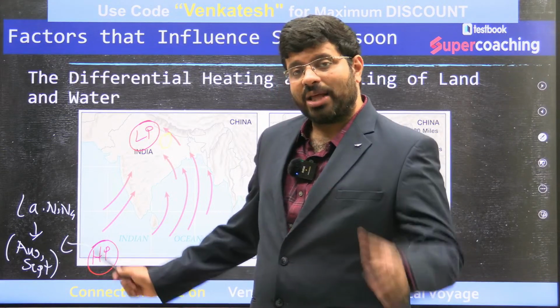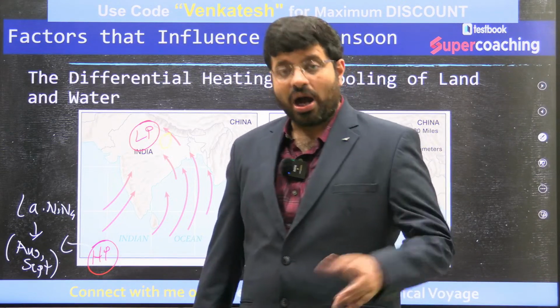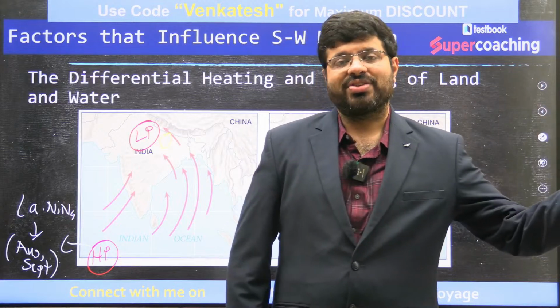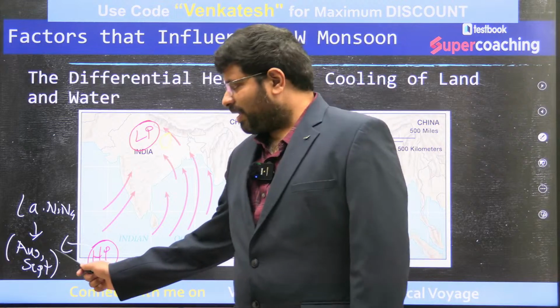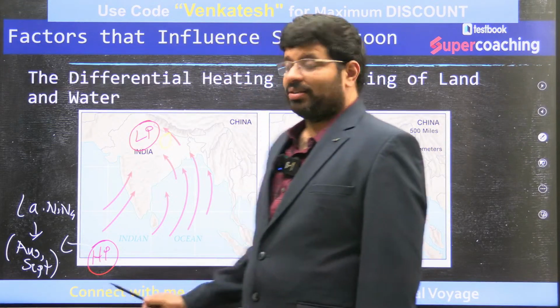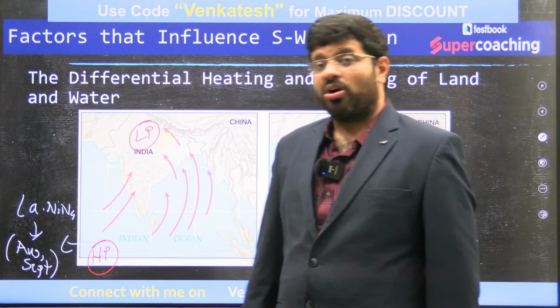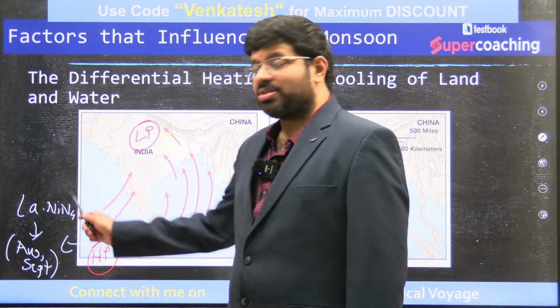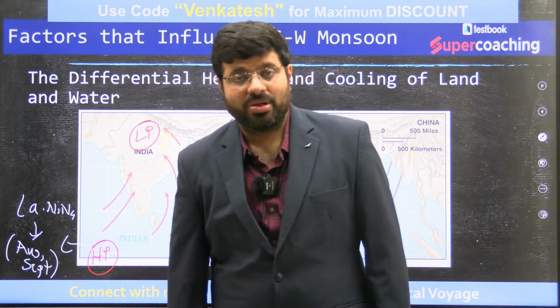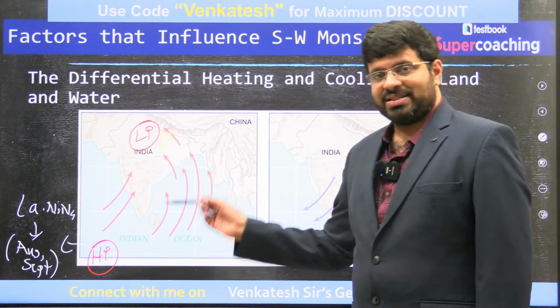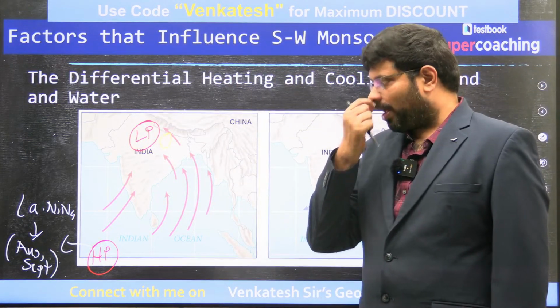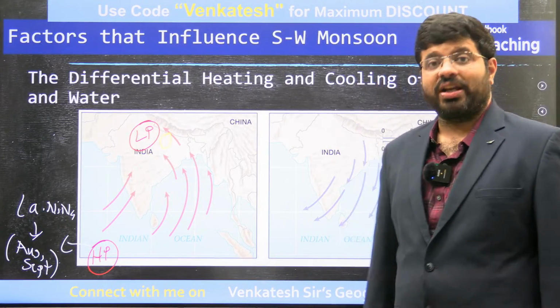It will create high pressure conditions in the Indian Ocean. How? Go and refer to the El Nino video which I have done. You will understand this. From La Nina, when there are good high pressure conditions, once again it is favorable. So August to November will be under the influence of La Nina, which is very, very favorable for our monsoons. Now the ITCZ and all these things are providing a decent amount of rainfall.